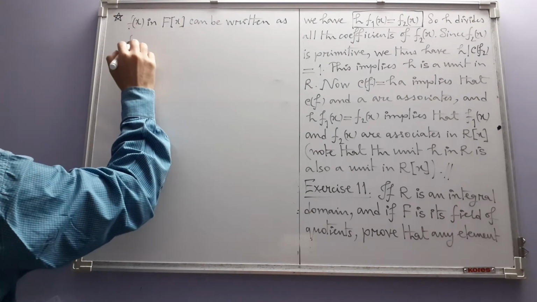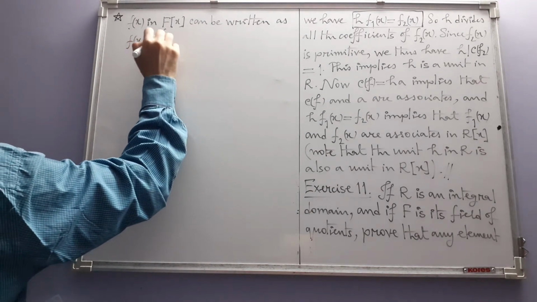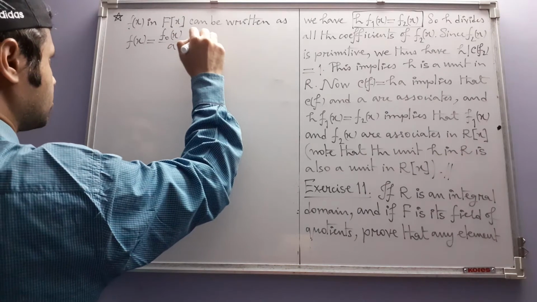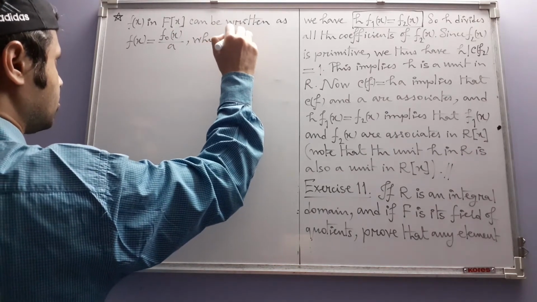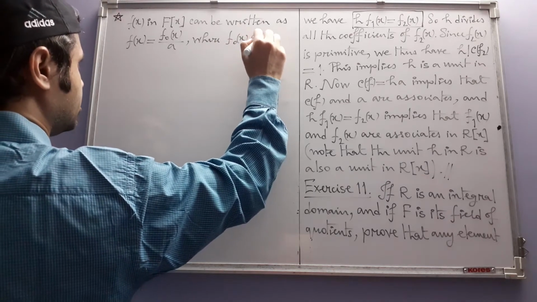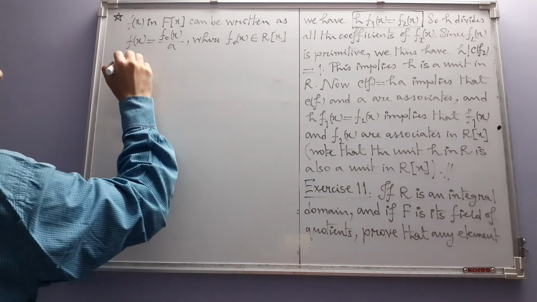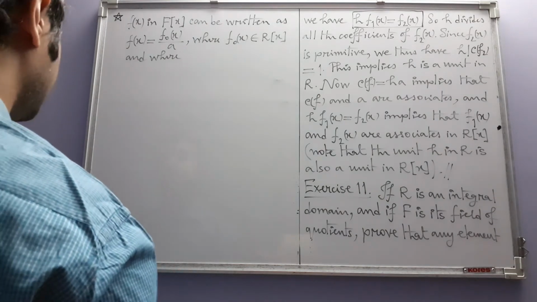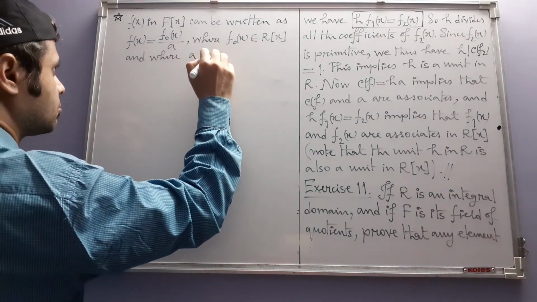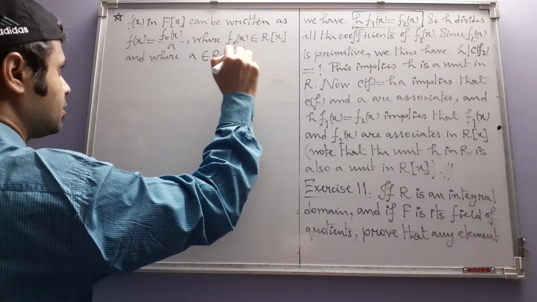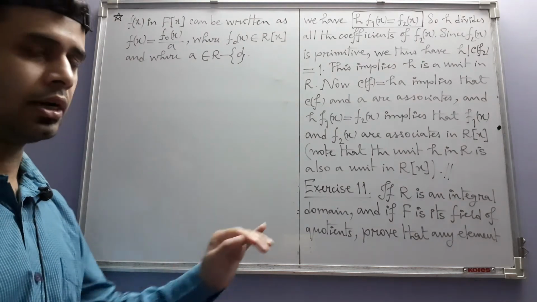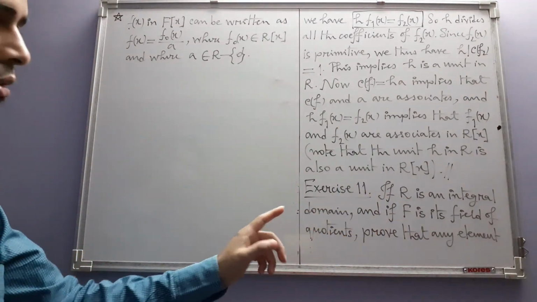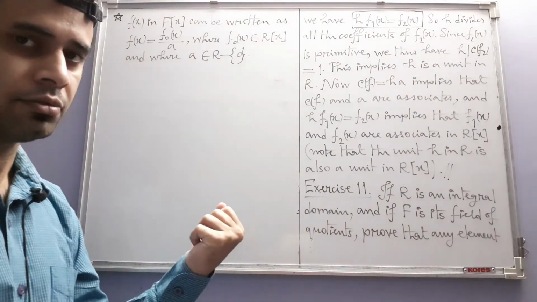Can be written as f(x) equal to f naught of x divided by a, where f naught of x is actually a polynomial over R and where a is a non-zero element in R. In fact, you can understand this exercise better if in place of R you take the integral domain of integers, and then in place of F you will have the field of rational numbers.